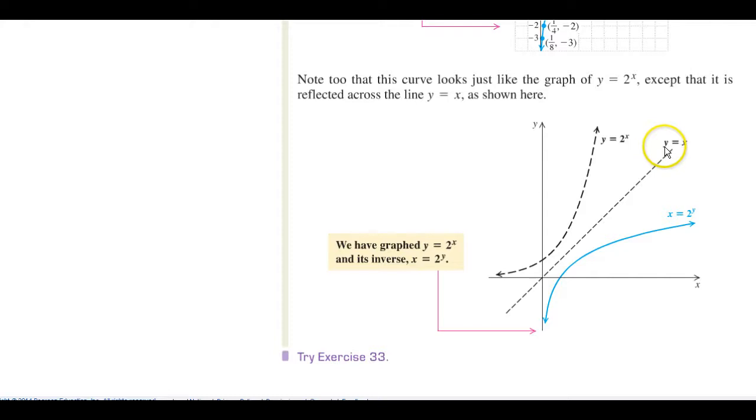And our axis of symmetry is y equals x that we had in section 9.1. And our asymptote, by the way, for this blue line, instead of the x-axis as with the other one, is now the y-axis.